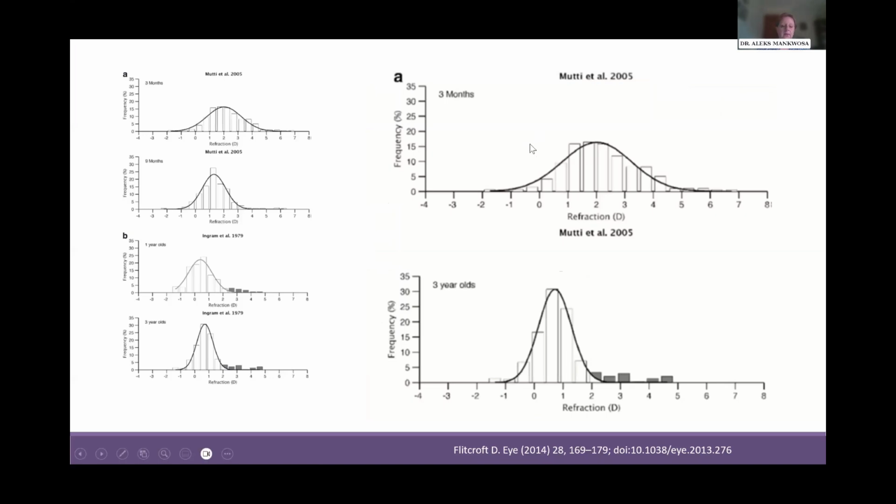These figures give us an indication of the distribution of refractive error from 3 months right through to 3.5 years. As we can see from these 2 graphs, there is a significant shift that occurs in the early years in the mean refraction, from approximately +2 diopters to around +0.75, which is where we end up down here.